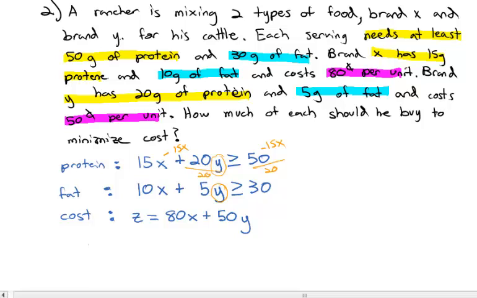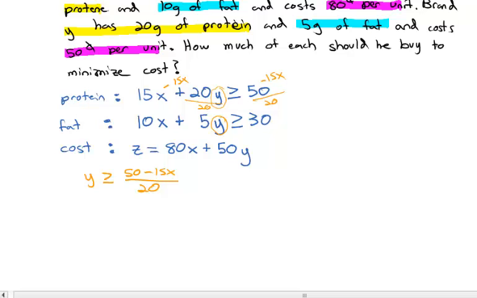So the first inequality is y is greater than or equal to 50 minus 15x over 20. The second equation, we'd start by subtracting 10x, and then we would divide by 5. So y is greater than or equal to 30 minus 10x divided by 5.